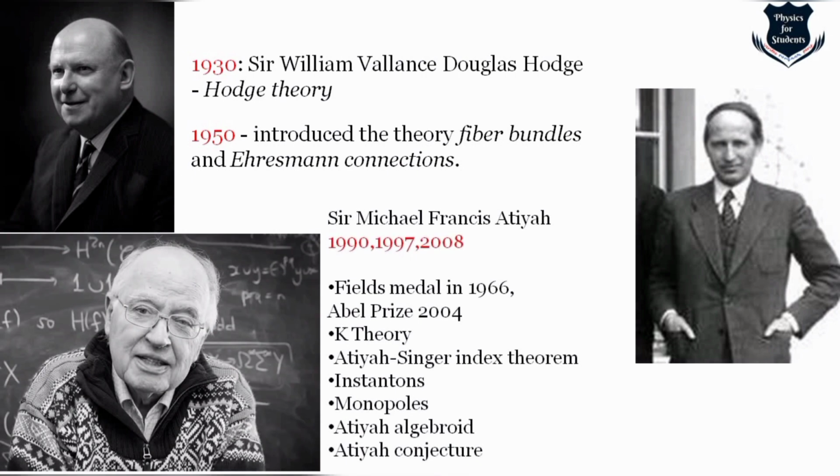Lastly, we come to a great personality, Sir Michael Francis Atiyah. To be very honest with you, to tell more about Michael Atiyah would require more time. However, I would tell you that he won both the Fields Medal and the Abel Prize. Particularly, Michael Atiyah is known for K-theory, the Atiyah-Singer index theorem, which deals further with instantons and monopoles, and the Atiyah algebroid and Atiyah conjecture.